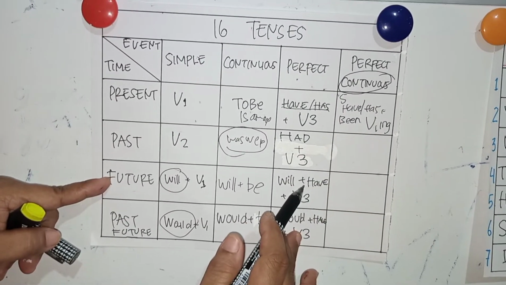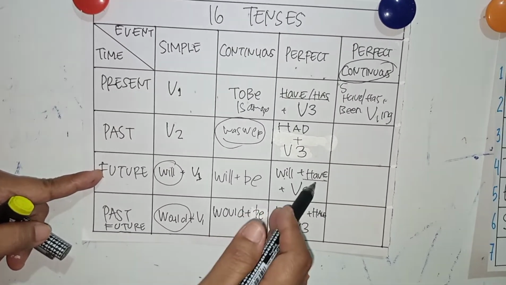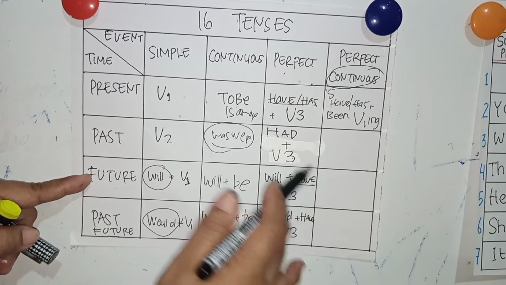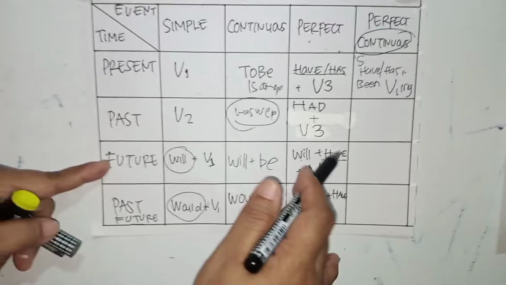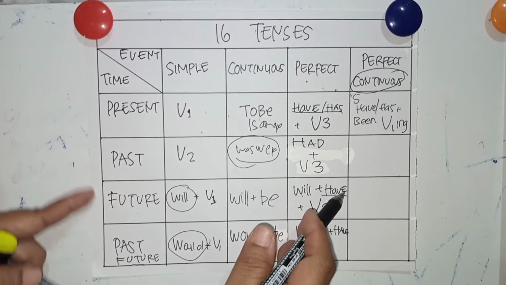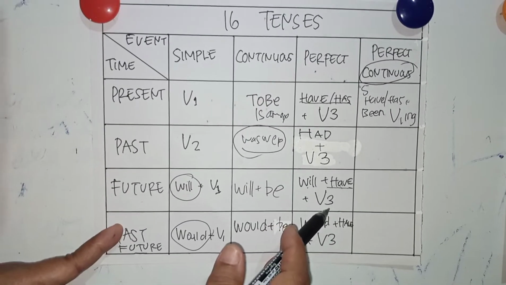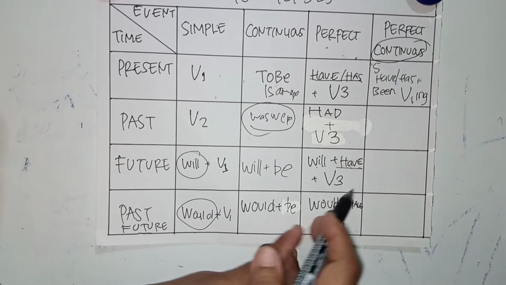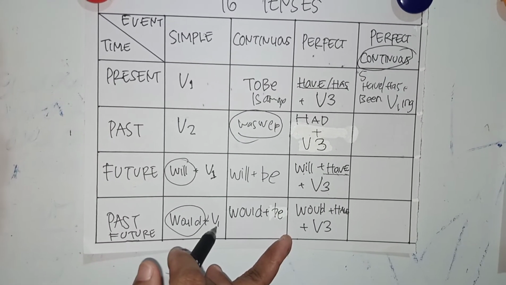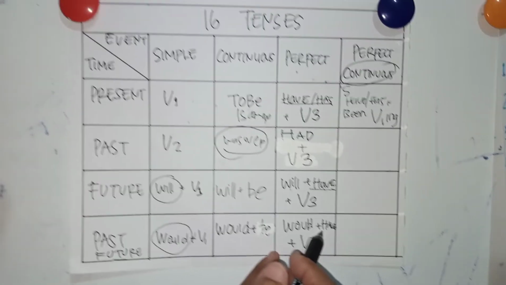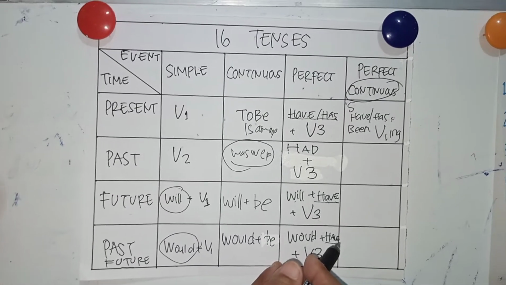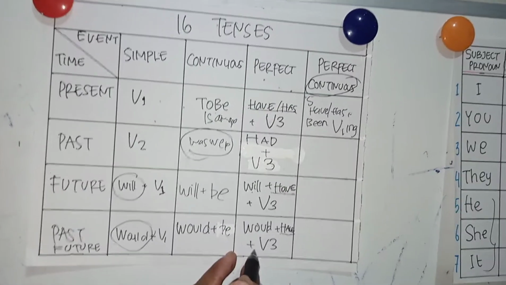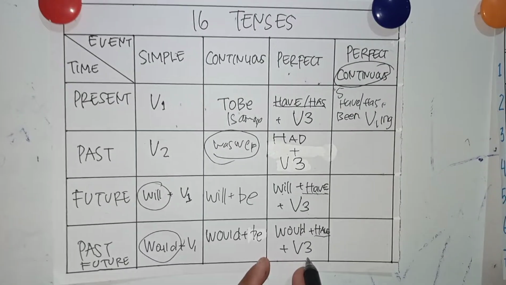And then followed by, see, will followed by verb 1, so we use have rather than had. And this one is an auxiliary verb, and it will be followed by verb 3. The past future uses would as the future form, followed by, remember, would followed by verb 1, have as an auxiliary verb in a verb 1 form, and it will be followed by verb 3.